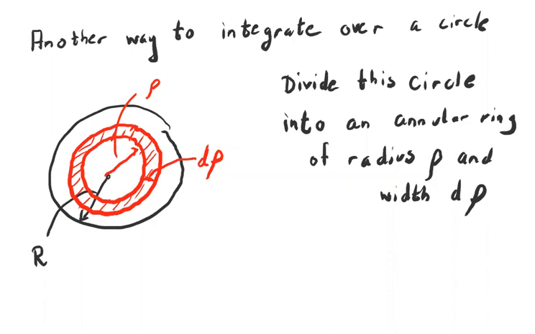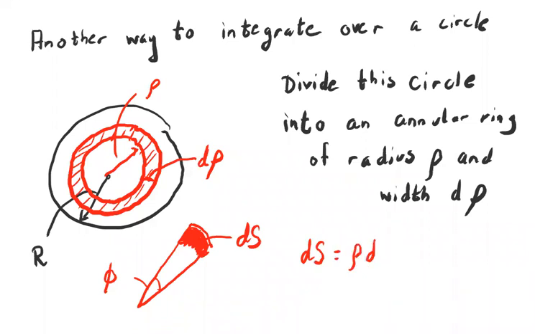What I first want to do is ask myself, what is the region of space ds? And again, here in plane polar coordinates is phi. What is this guy ds? Well, we did that last time. The differential surface element is just rho d phi.